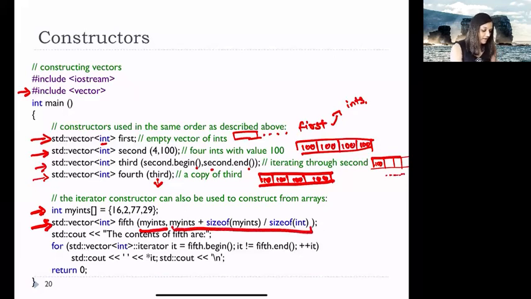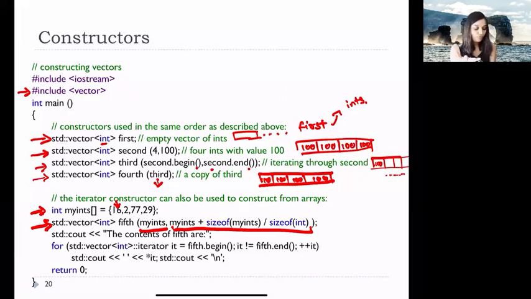So what we are saying is, okay, begin with whatever address myint begins with, right? Begin from here and copy the elements until myint plus sizeof myint divided by sizeof int.